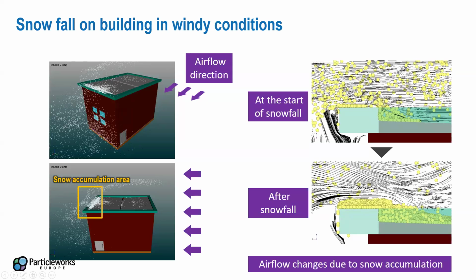At the beginning, the snowfall will be only in this area, but then it accumulates and the airfield changes accordingly. So, of course, this kind of dynamic aerodynamics that results because of the fluid or the powder accumulation is of great interest in civil engineering applications.